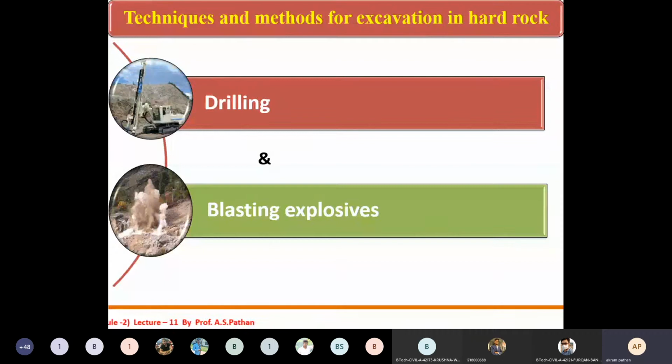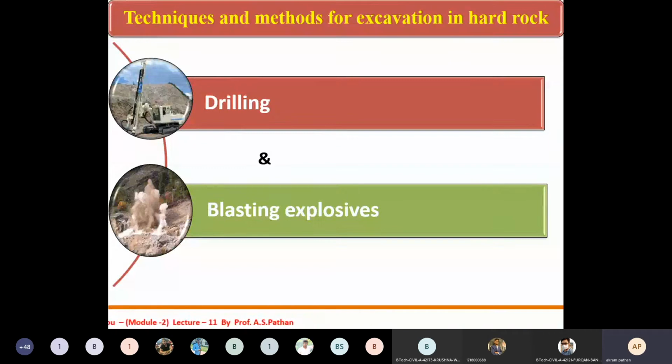I would like to tell all of you about drilling and blasting. In case of a tunnel, somewhere we require drilling and somewhere we require excavation with the help of available rippers or with the help of JCB. But while excavating a tunnel, which may be 1 kilometer or 2 kilometer or 5 kilometer or even more, we don't know which type of layer lies in between along our alignment.